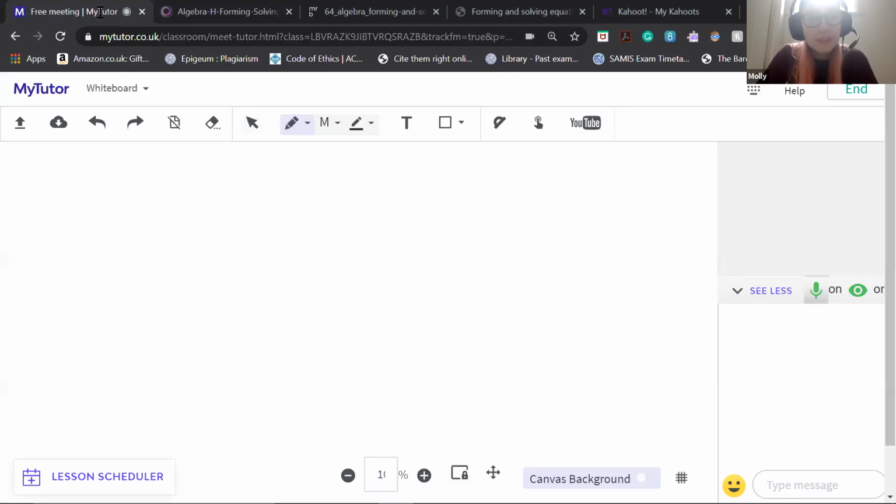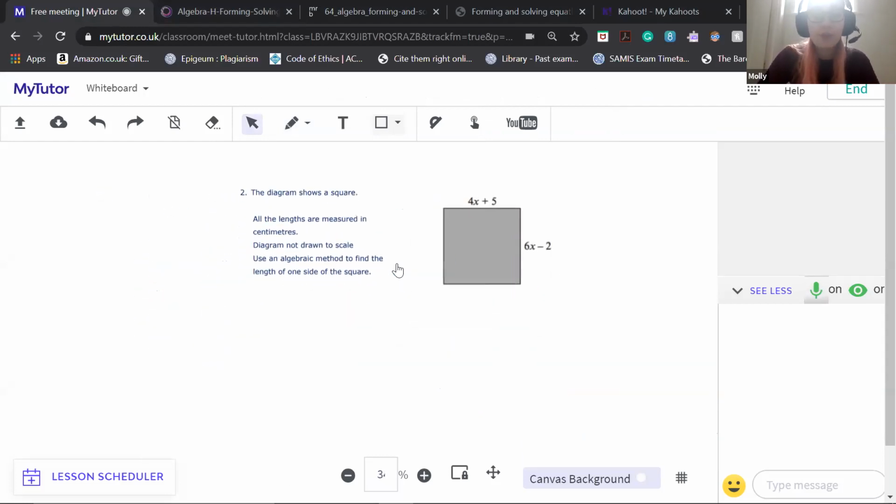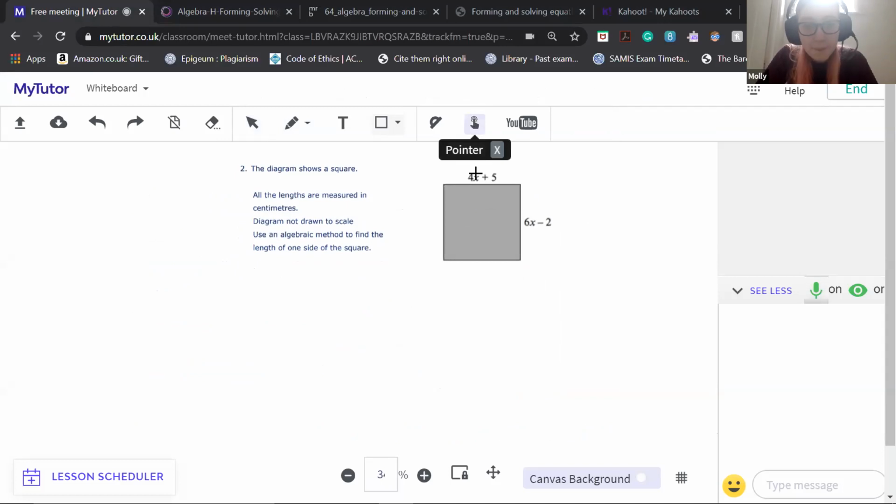So the reason that it's called forming and solving equations is because you've got to take the information that you have and translate that into an algebraic equation that you can then solve. So for example, here we've got a square and we want to find what x is. So does anybody have any ideas? Just whack it in the chat or the Q&A. What equation do you think we can solve here?